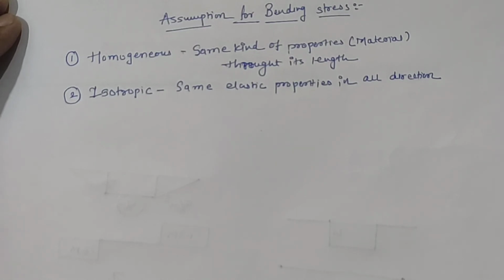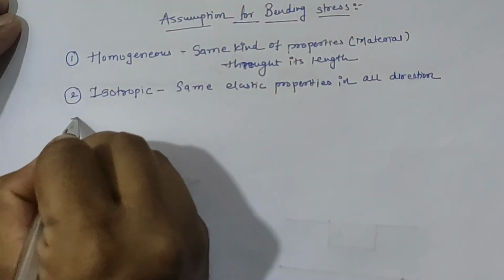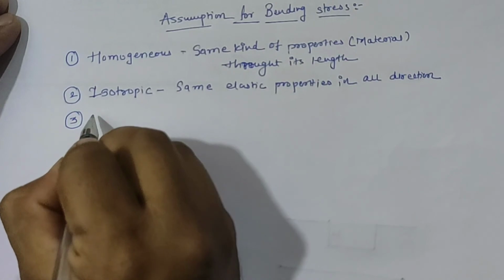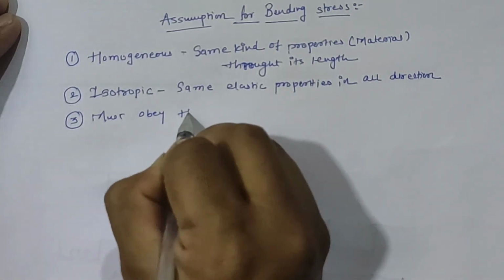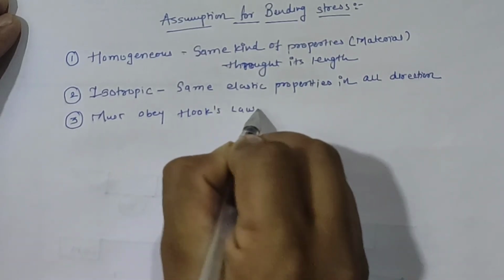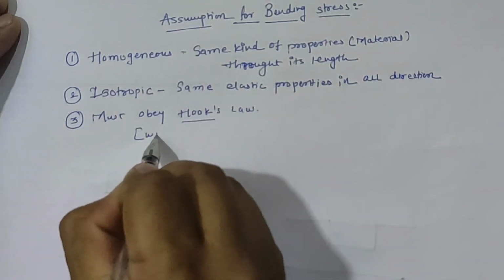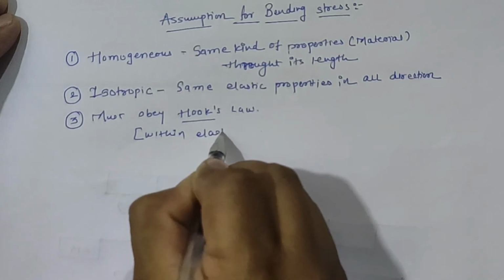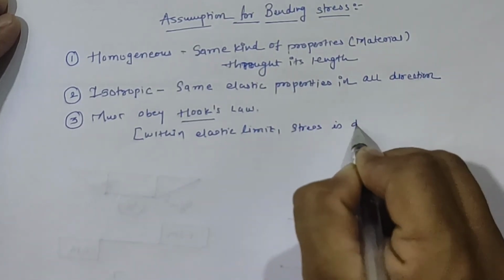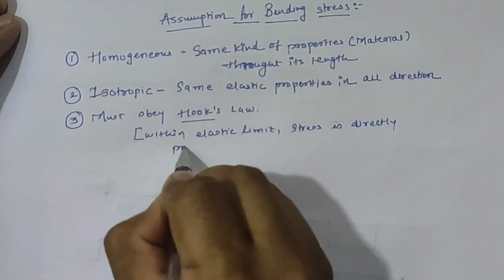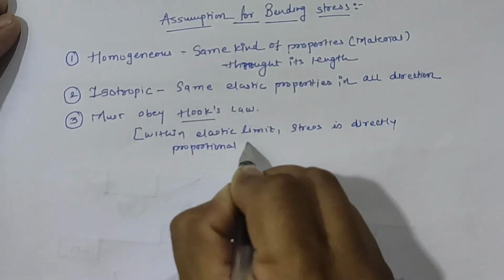Now let us go for the next assumption, that the given section must obey Hooke's law, which states that within the elastic limit, the stress generated in the beam must be directly proportional to the strain of the given section.